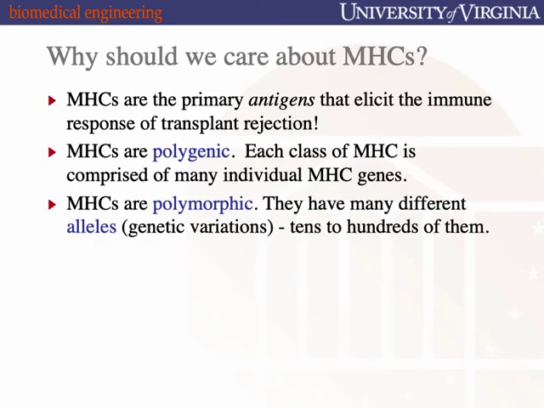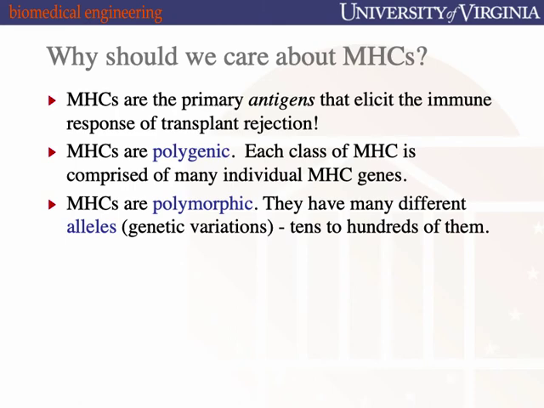It gets even more complicated. They're also polymorphic, which means there are mutations within them. So even within one gene, I might generate 10 different variants of that one gene, right? Through splice variants, different alleles, genetic variations. Again, tens to hundreds of them. So I've already got a huge variety of these.